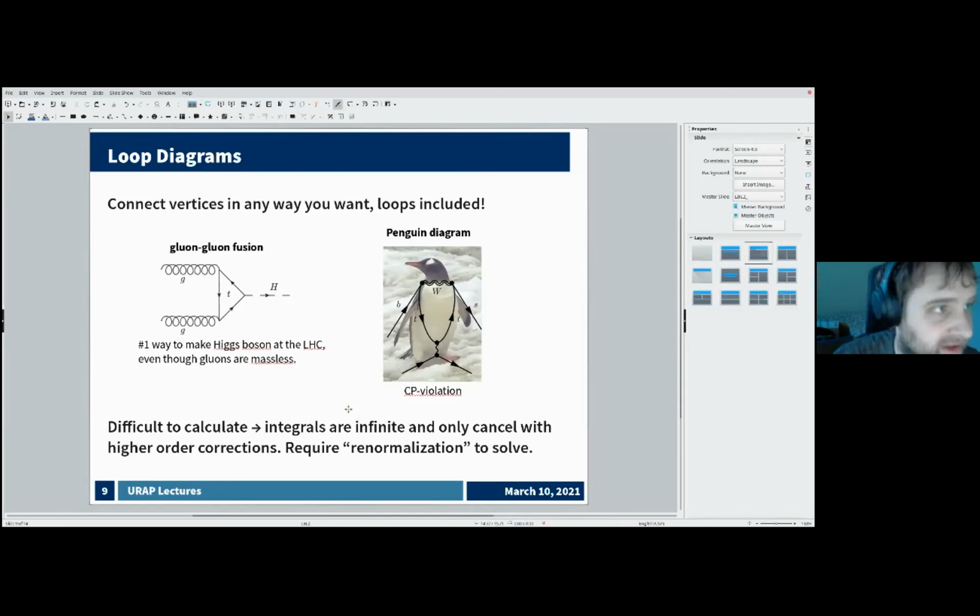And so for that reason, theorists have come up with a method called renormalization, where they say, okay, my calculation is infinite, but there's a cancellation that makes it finite, and I'm just going to pretend that I know that result at a given energy, and then do mathematics that tells me, if I change energies, how does this cross-section, or how does the result, change? This is called renormalization.